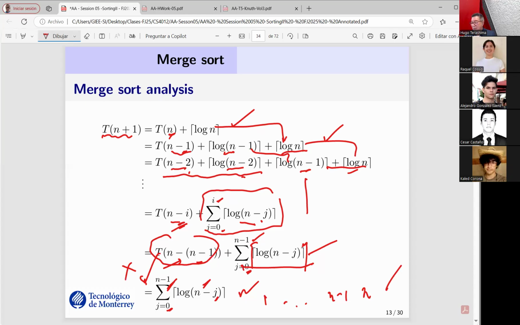So if n is equal to 13, for example, the log base 2 of 13, ceiling, what is that value? 4, right?